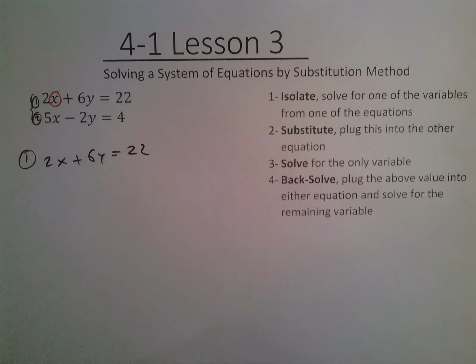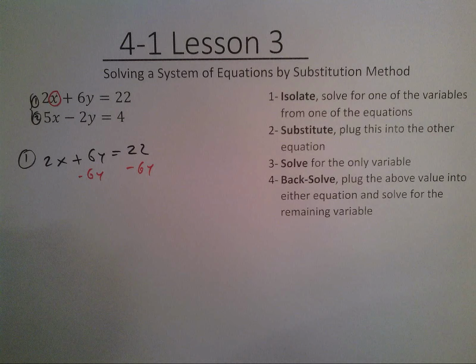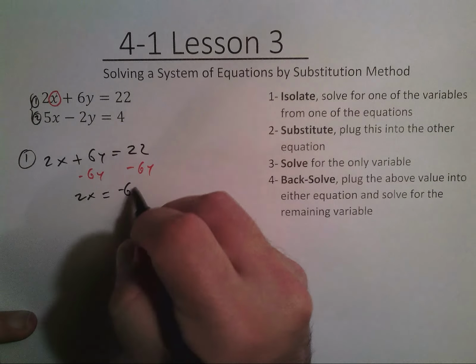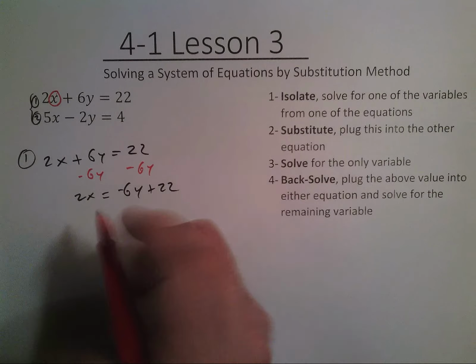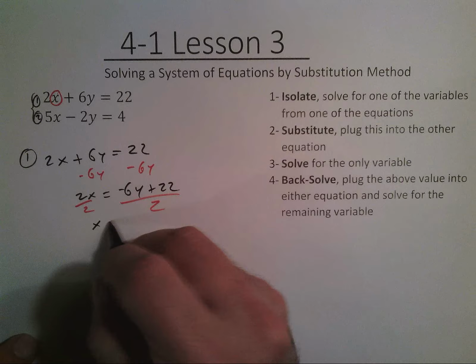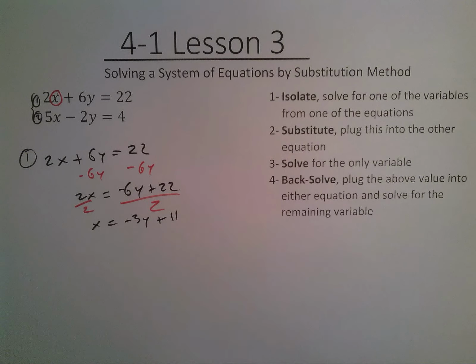So I'm going to do that by subtracting 6y from both sides, yielding 2x equals negative 6y plus 22. I'm now going to divide everything by 2 and get x is equal to negative 3y plus 11. So now I've isolated the x from the first equation.